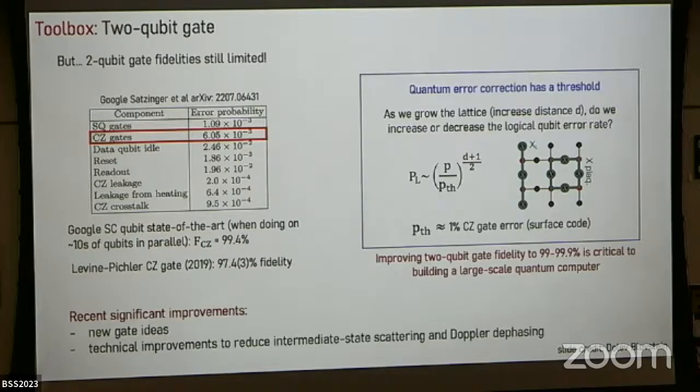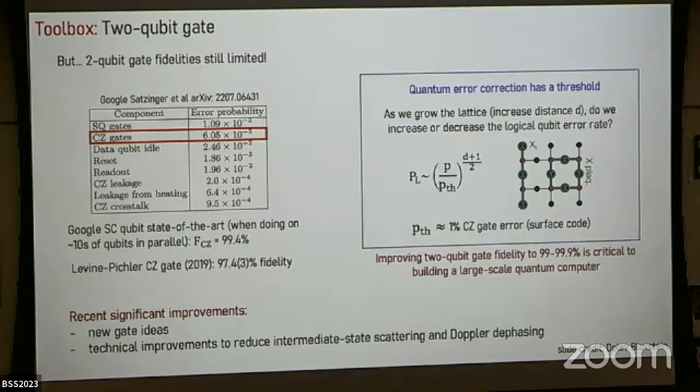Recently there have been significant improvements in the gate fidelities that have come from two different things. The first is new ideas on the protocol for the entangling gates, which I will show you in a second. The second is technical improvements to reduce the two main sources of error that existed up to this 97.4%.